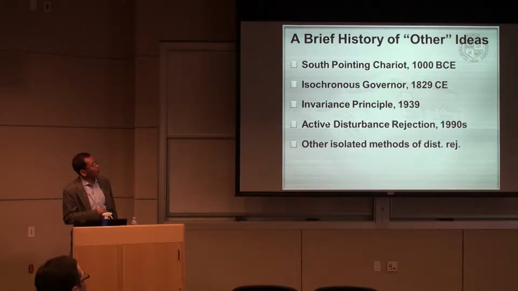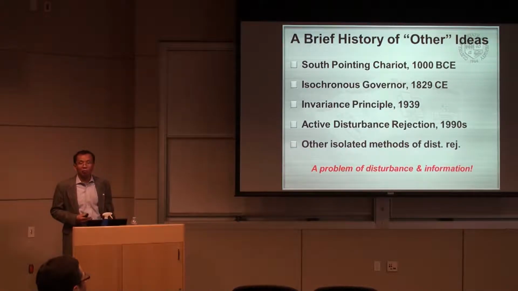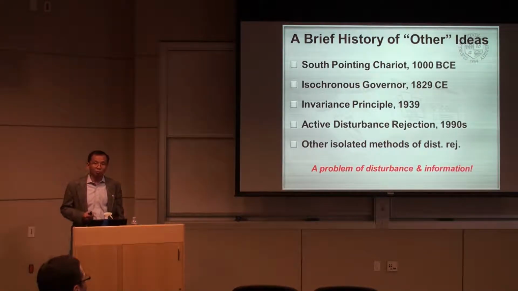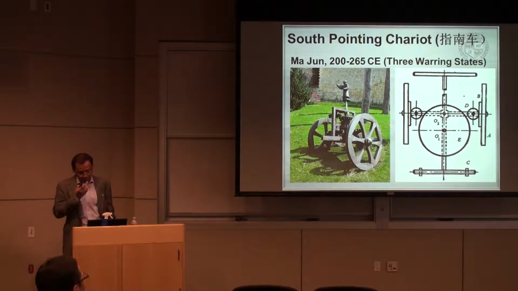And we're going to look at Poncelet's isochronous governor, the Soviet invariance principle, active disturbance rejection, and a bunch of others. But there's an underlying conviction behind all this, that the problem of control is a problem of disturbance and information. So we'll see that come out in each case.